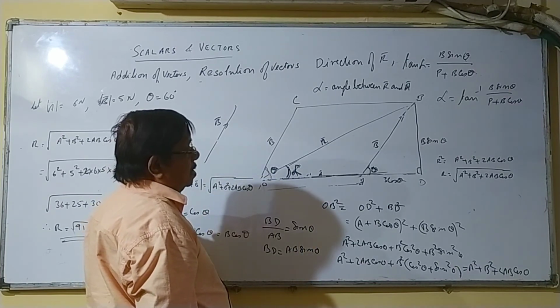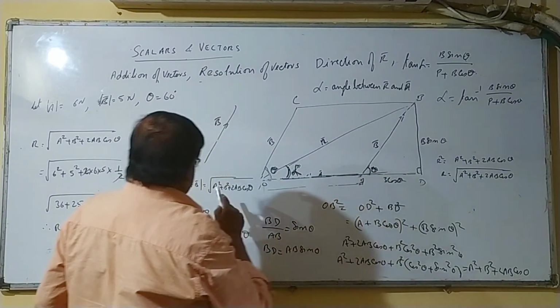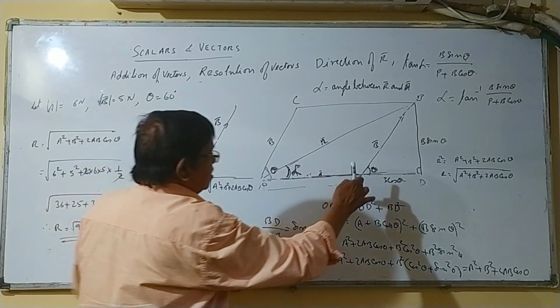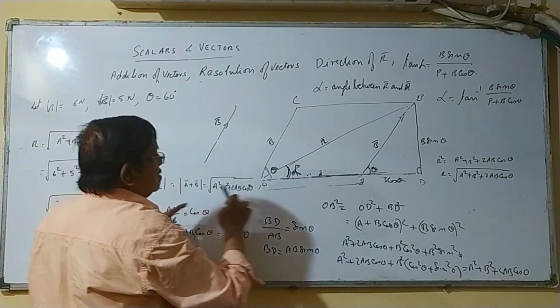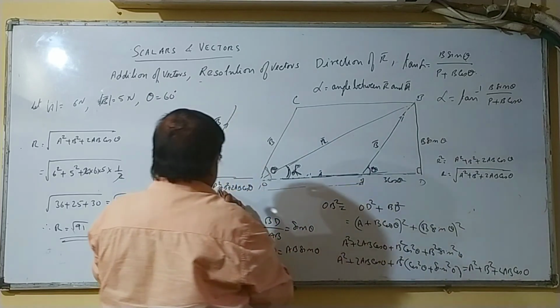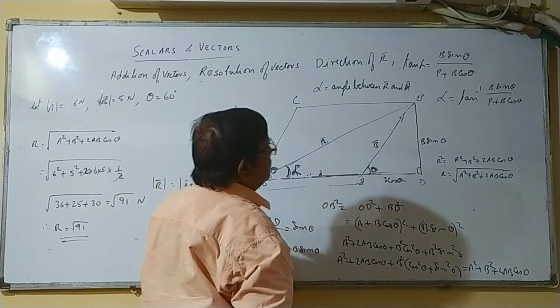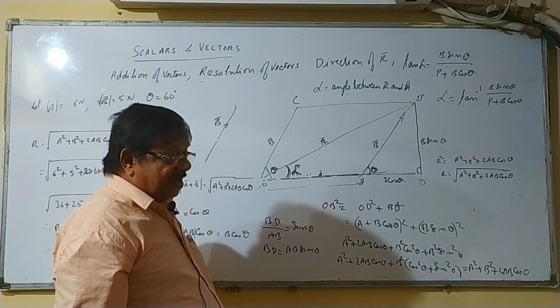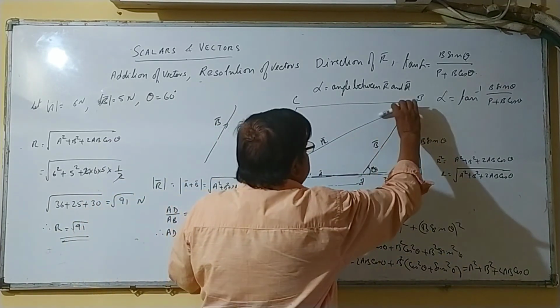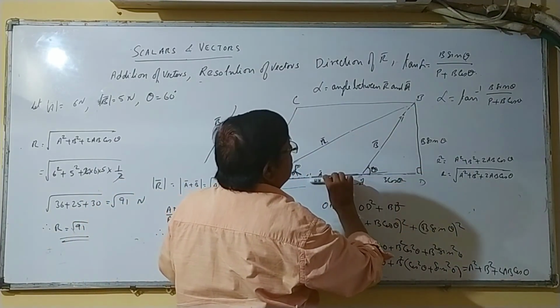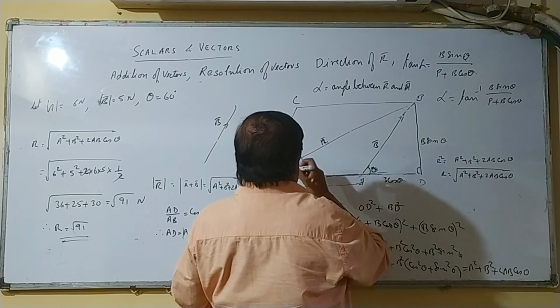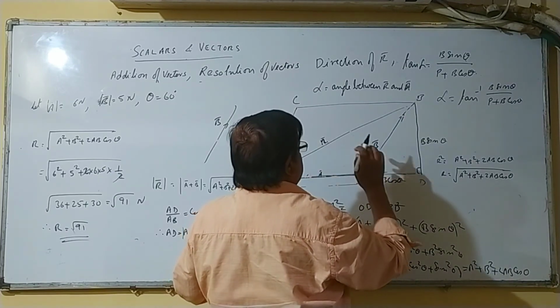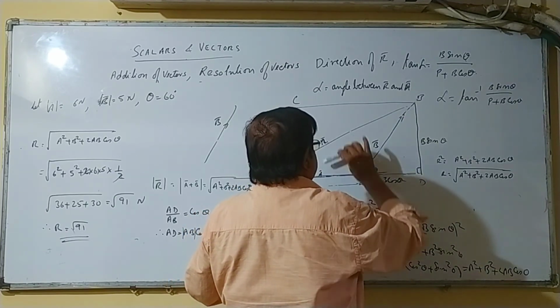Now this theta is here, the magnitude of vector A is here, the magnitude of vector B is here, and theta is the angle. Now the second thing is the direction of this resultant with vector A. Alpha is the angle between vector A and the resultant.